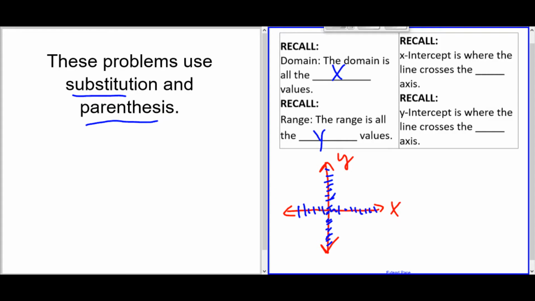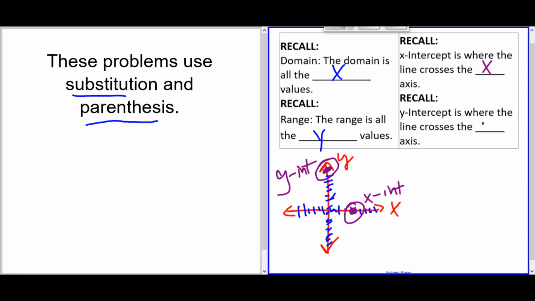So that takes care of those two. The next two, the intercepts. Where the graph touches the x-axis, let's say it's here, this is the x-intercept. The x-intercept is where the graph crosses the x-axis. Then the y-intercept, let's say it's this point up here, is where the graph crosses the y-axis.